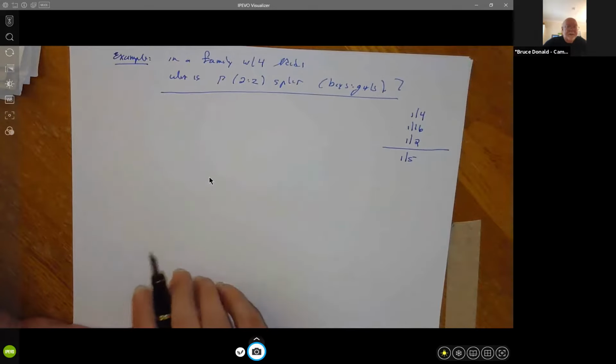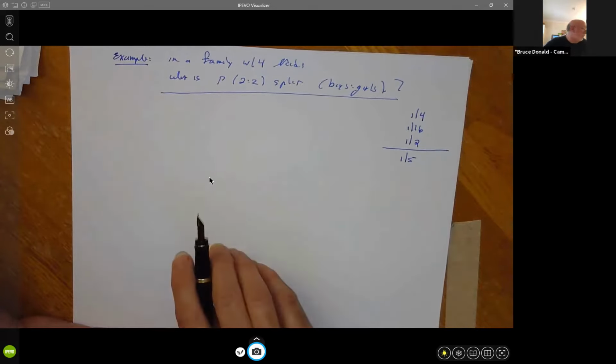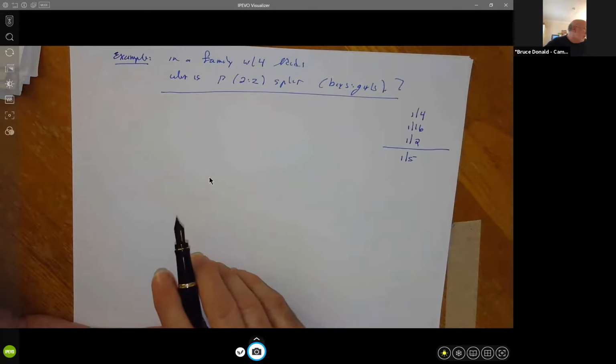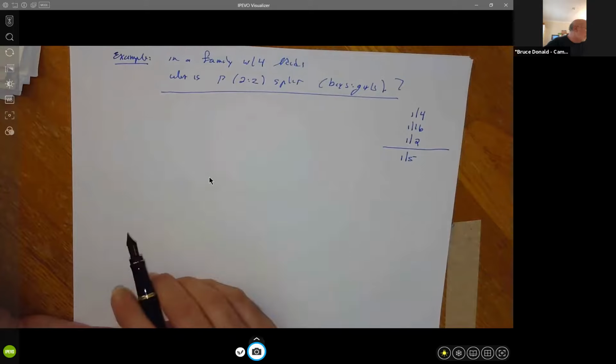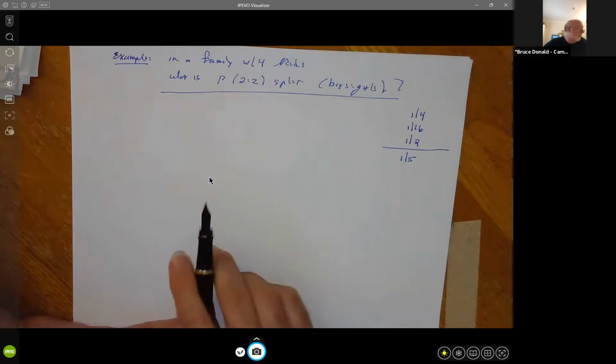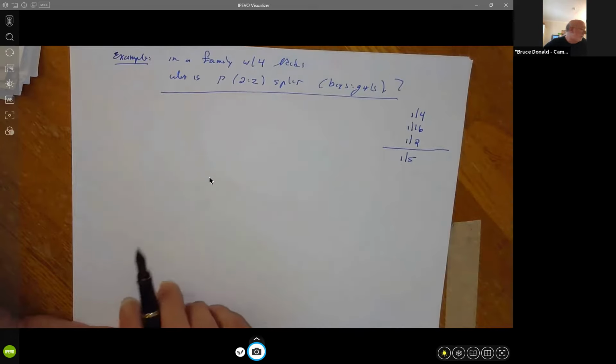So one common answer that's not right is 1/5. The reason that 1/5 might seem natural is that there are 5 possibilities for the number of boys and girls. Turns out they're not equally likely. So that's why we don't have 1/5.